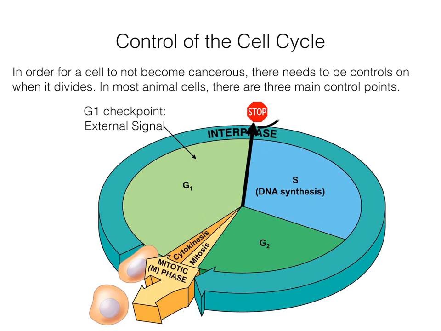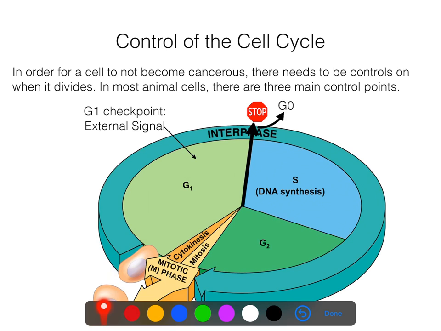And those cells will go off into a phase called G0, right? If you don't get a signal that says you are a cell that is supposed to divide, then you go into G0, which is kind of like a perpetual state of G1. It's an infinite gap. And G0 can be permanent or it can be temporary.